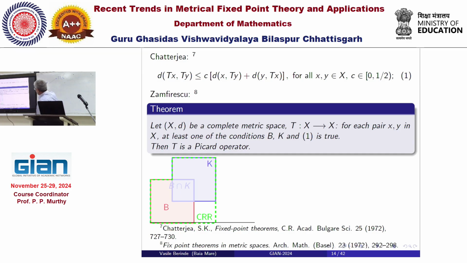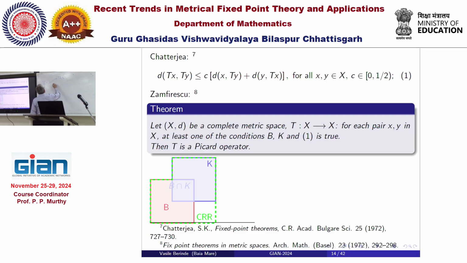Zamfirescu proposed this very nice theorem, and the statement is very easy. We have a complete metric space, we have a map T, and if for each pair of x and y, at least one of the three conditions is satisfied, then T is a Picard operator.